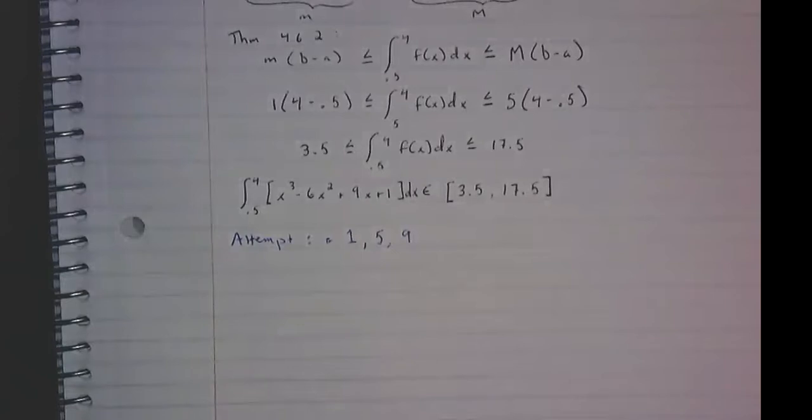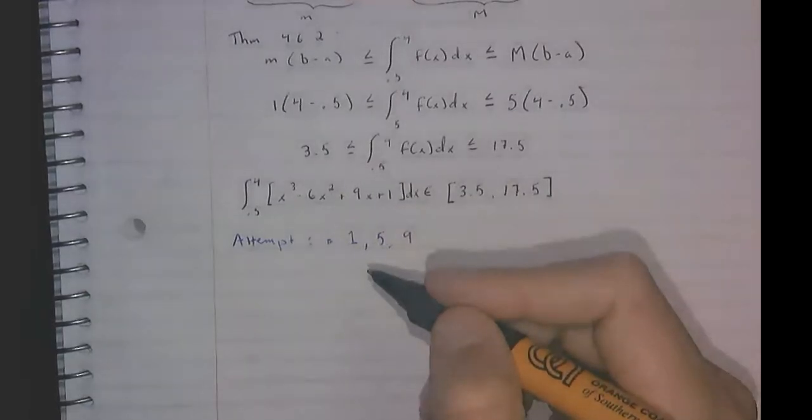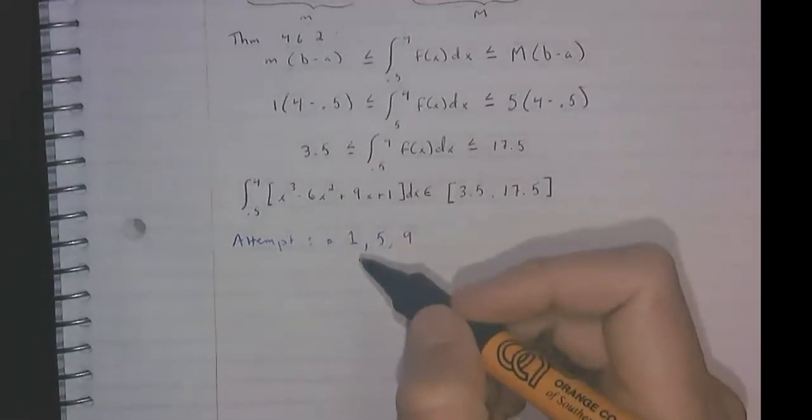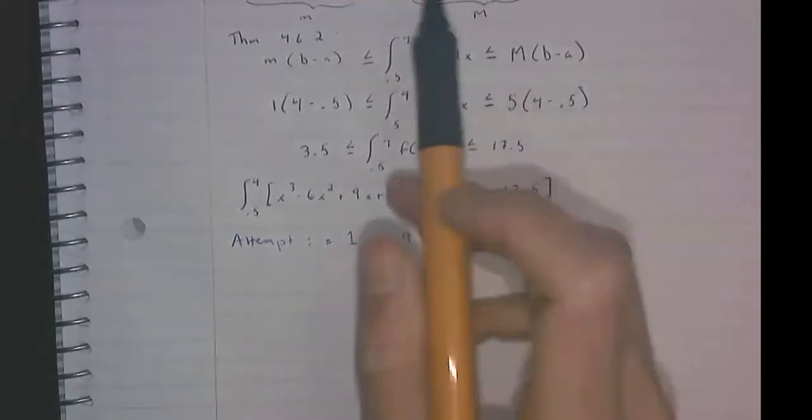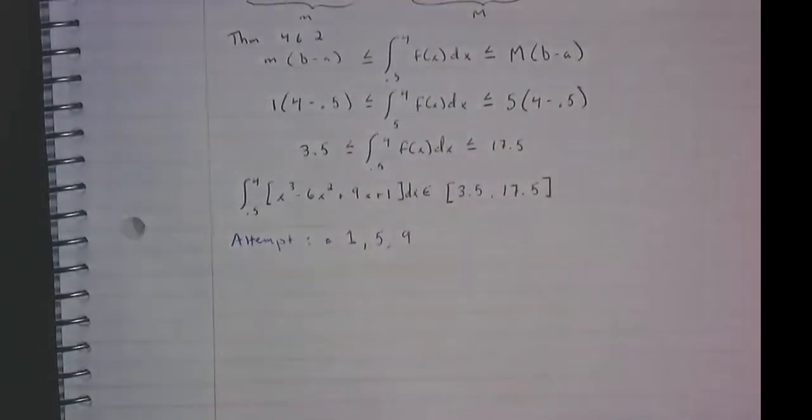For number 9, it would probably behoove you to take a look at example 2, because it's a trig function, but the idea is the same. Find the absolute maximum and minimum of the sine function on the given interval, and then apply the theorem. So number 1, you're just figuring out which one's bigger and applying 4.6.1. And then 5 and 9 is the application of 4.6.2, finding a closed interval containing the value of the definite integral.